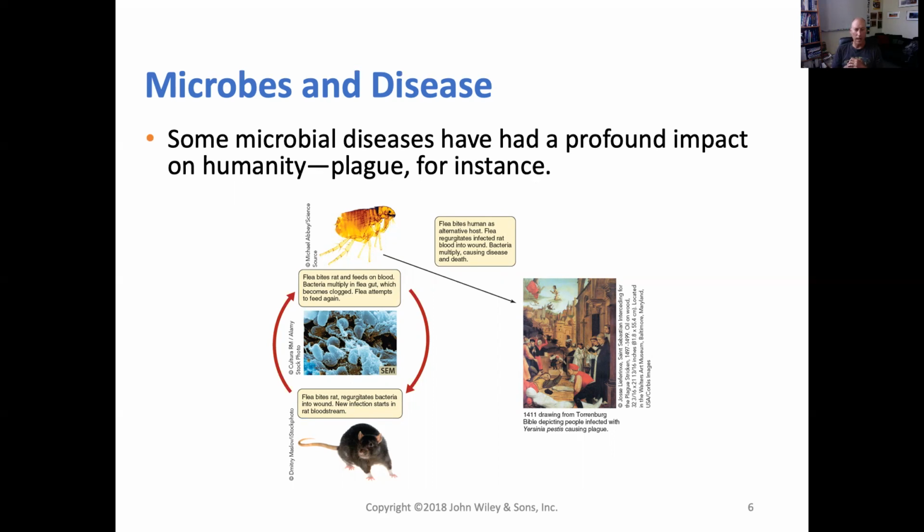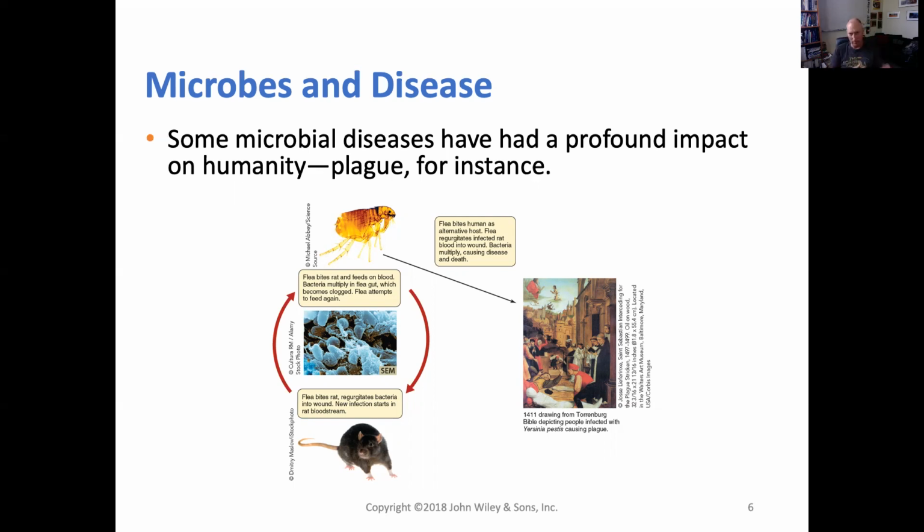If that warm body happened to be a human, because cities at this time were densely crowded, filthy places, then that flea would bite that human to get its blood meal. It wasn't its favorite host, but if that's where it ended up, that's what it would do, right?